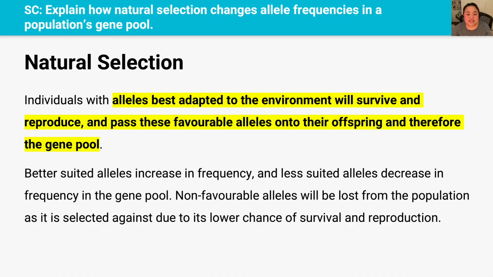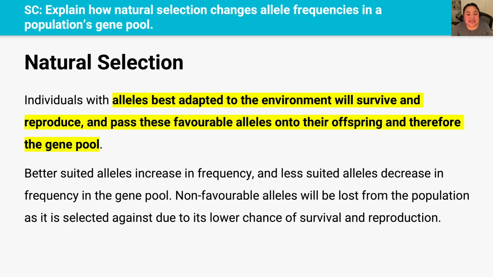If the allele continues to be beneficial, it will increase in allele frequency in the gene pool over time. So the environmental factors I mentioned earlier, both biotic factors such as competition and predators, and abiotic factors such as the climate, act as selection pressures on these alleles. When environmental factors change, different alleles could be selected for.